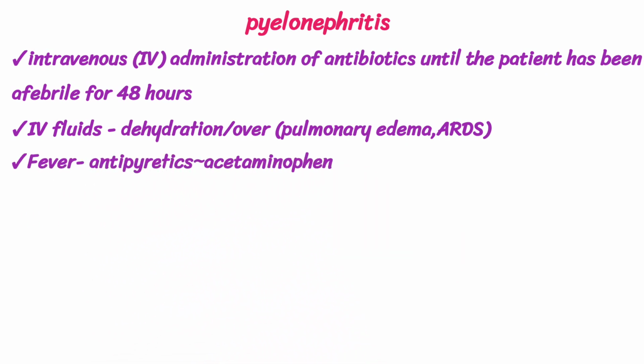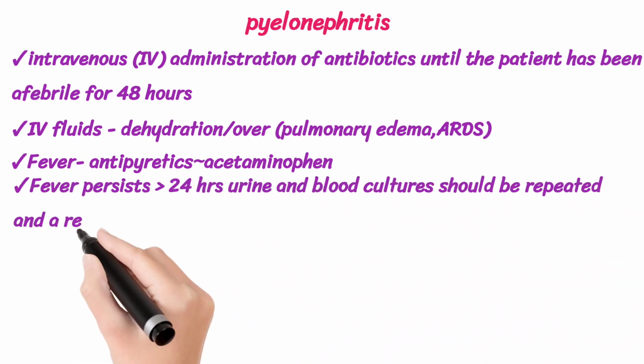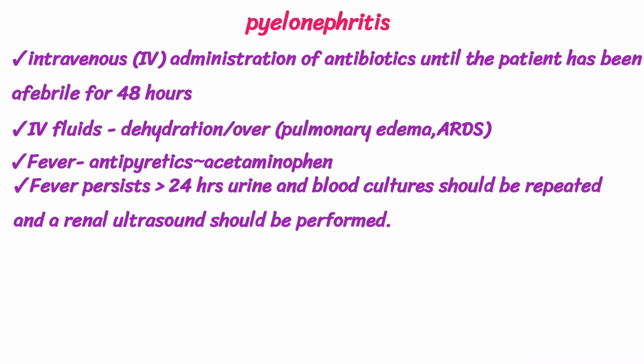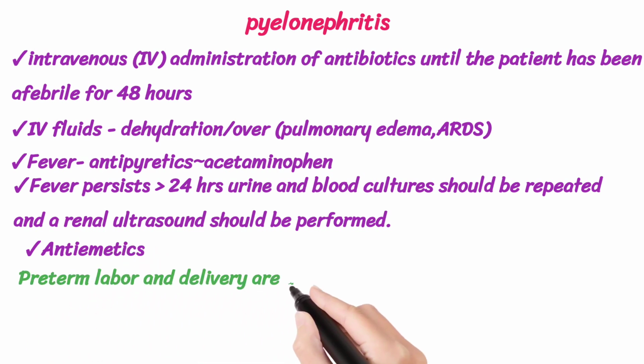So fever, you treat with acetaminophen. If the fever persists greater than 24 hours, urine and blood cultures should be repeated, and a renal ultrasound should be performed. Antiemetics you can also give.